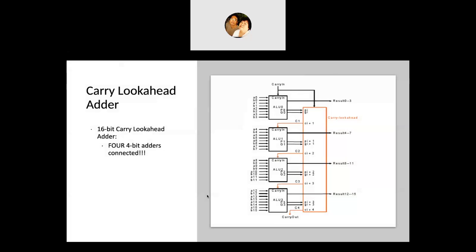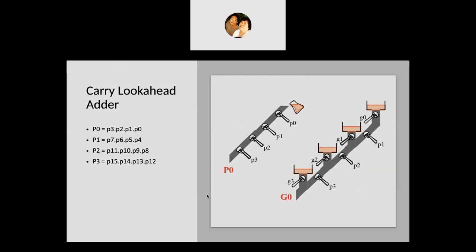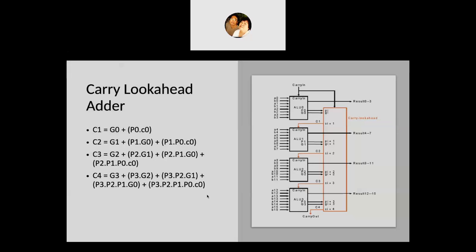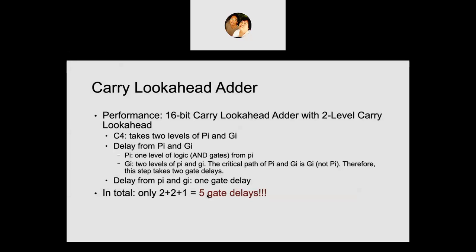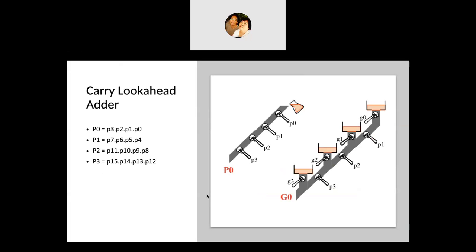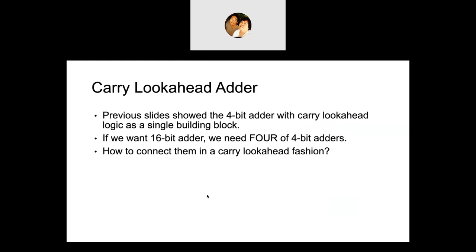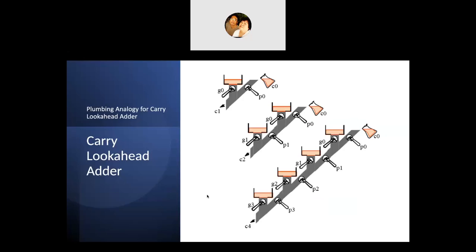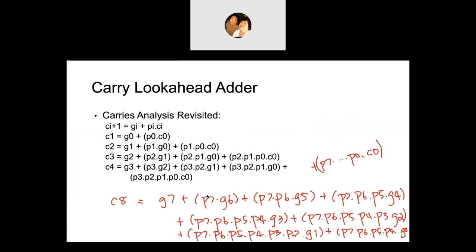I will go back to this slide later. Before we go into the more complex system, how can we analyze the performance of this kind of equation? If you have C4 like this, how much gate delay does it have?